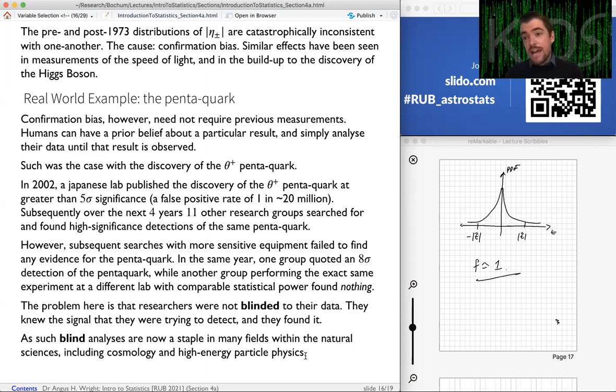And that analysis is then published, agnostic to whether or not it satisfies some significance. That is the essence of a blinded analysis, and it's very, very important to avoid confirmation bias.